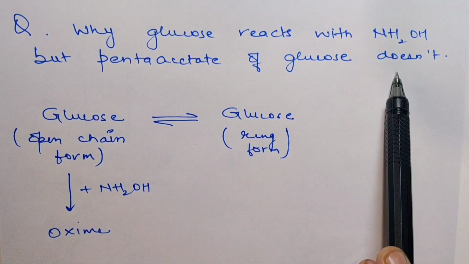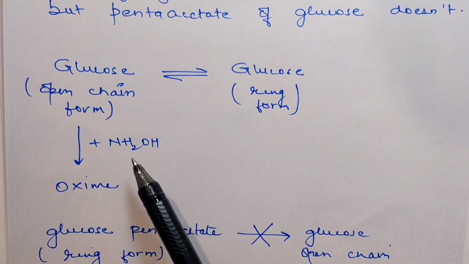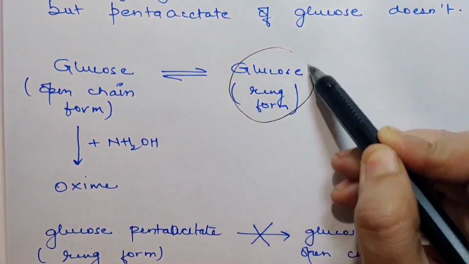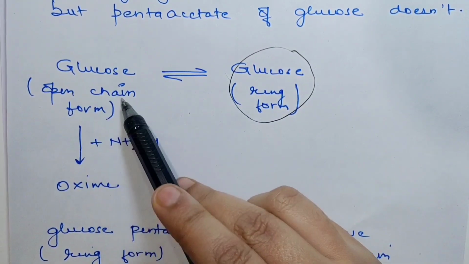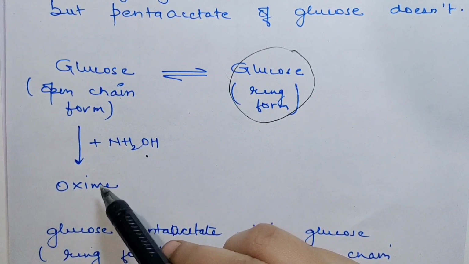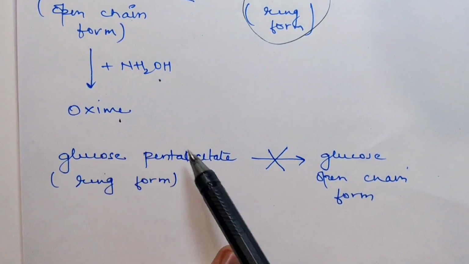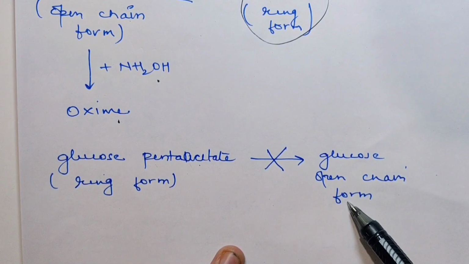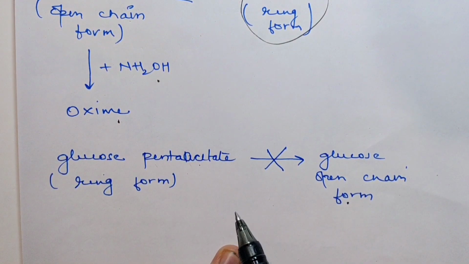Glucose's ring structure opens up into open chain form and then reacts with hydroxylamine to give oxime. But in glucose pentaacetate, the ring does not open even with hydroxylamine.